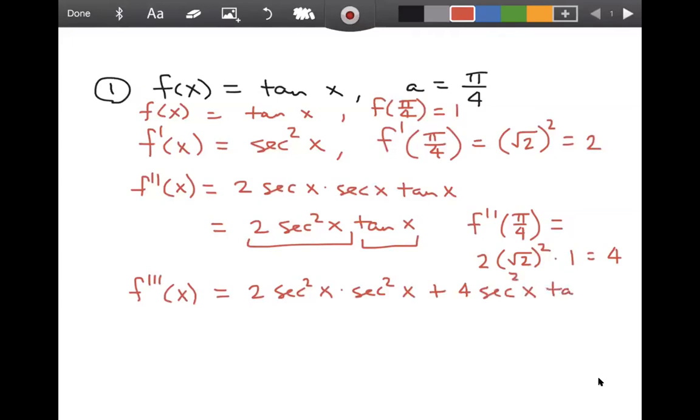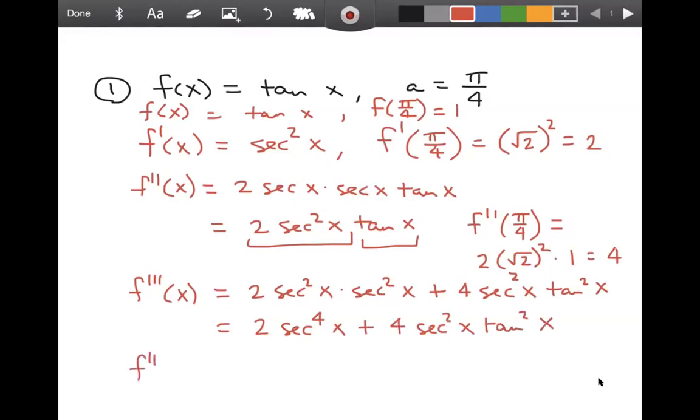And then we have this other tangent x here. Okay, I'm pretty sure that's correct. So that's 2 secant to the 4th x plus 4 secant squared x tangent squared x.